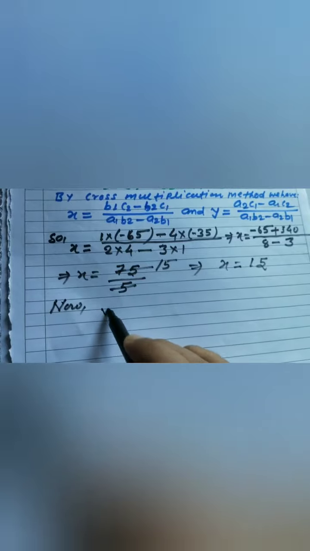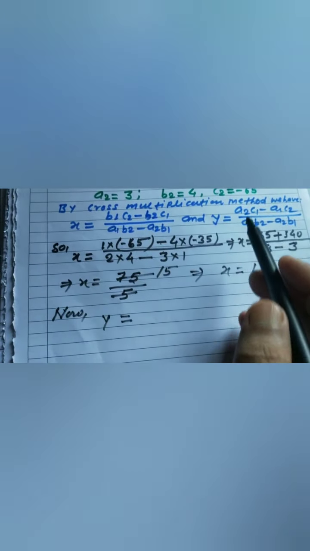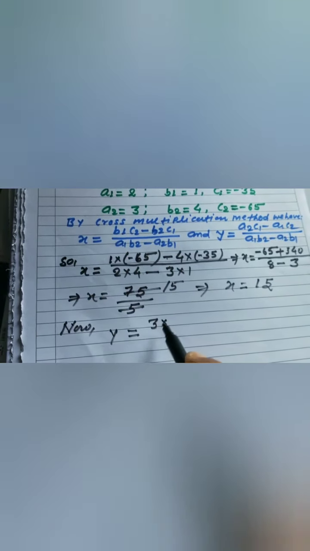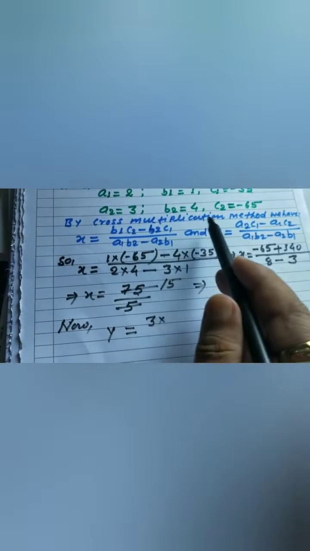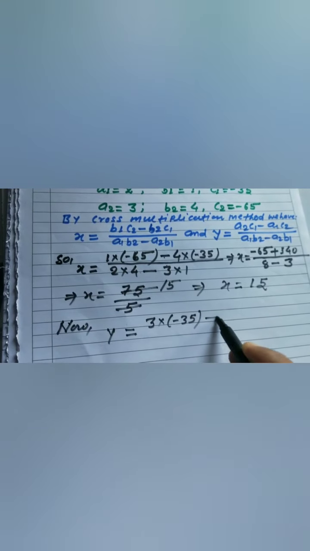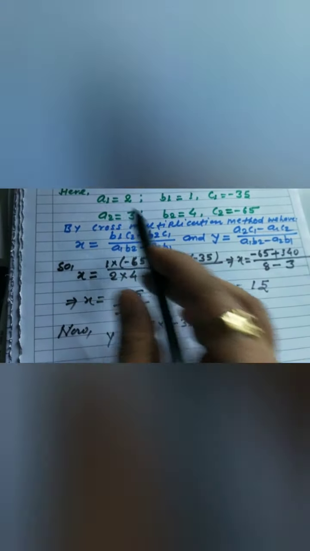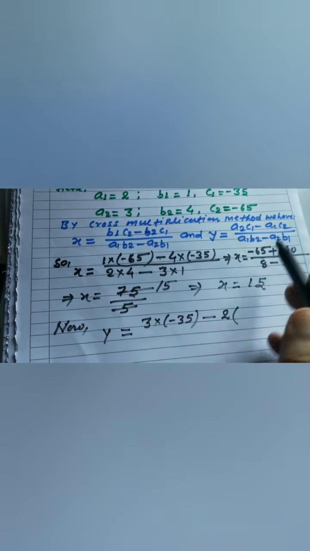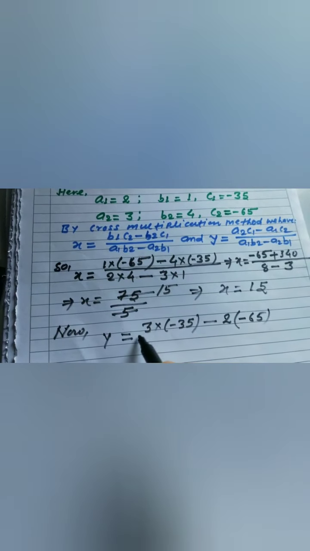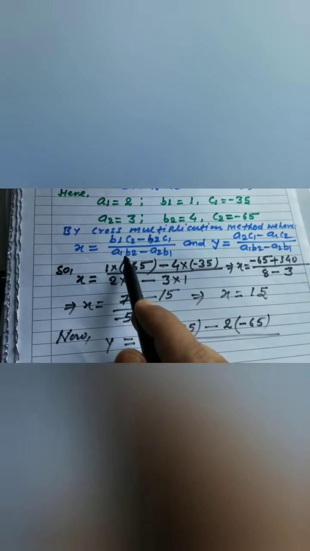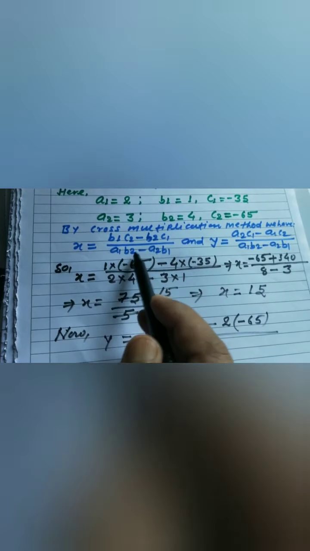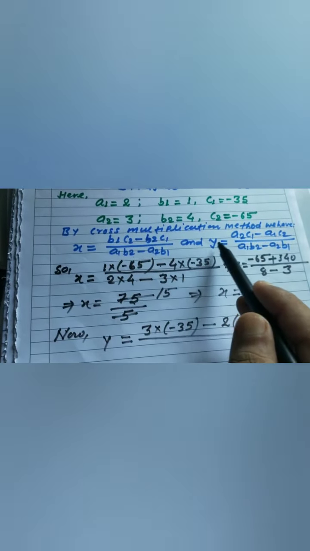Y is equal to a2, the value of a2 is 3, and c1, the value of c1 is minus 35, and minus a1, the value of a1 is 2, and the value of c2 is minus 65, upon, now see one thing, a1 b2 minus a2 b1 is in the denominator of x, and the same thing is there in the denominator of y.